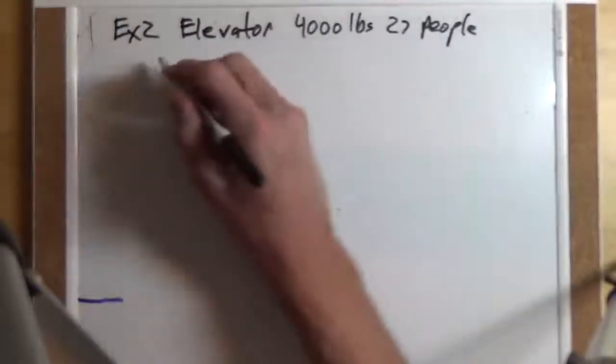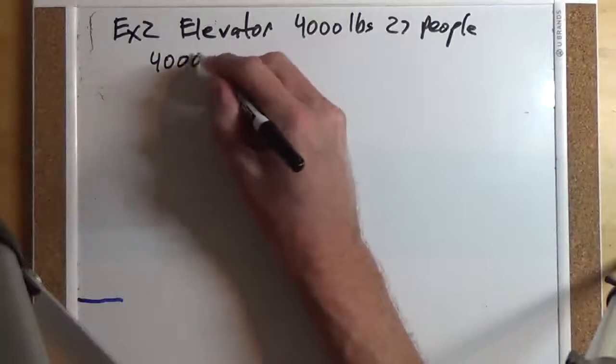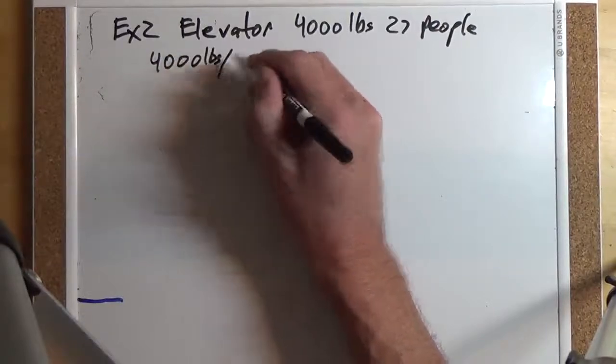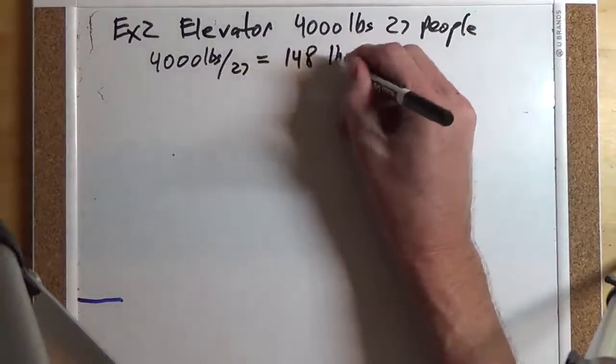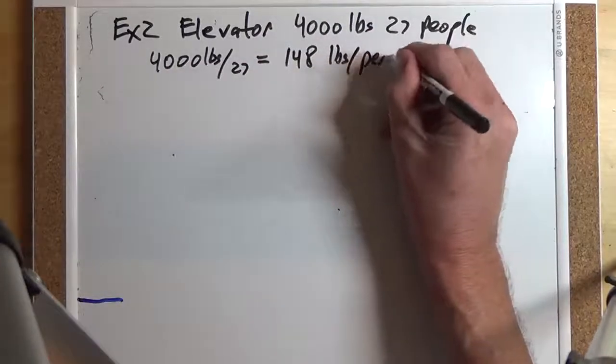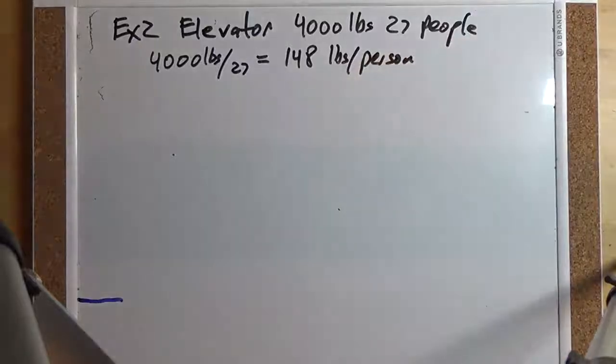Well, if you take the 4,000 pounds and divide it by the 27, you get 148 pounds per person. That's the number that the capacity of the elevator is based on.